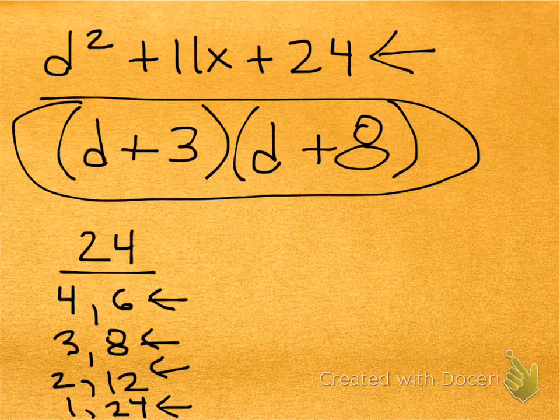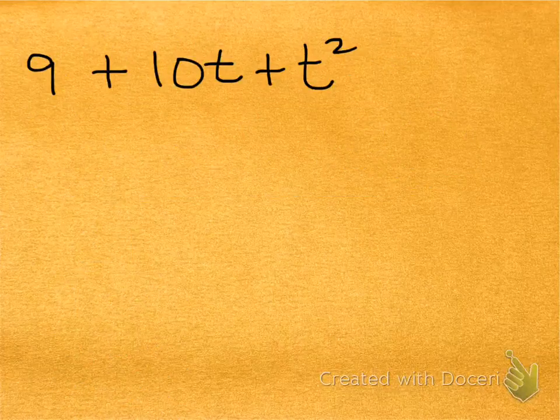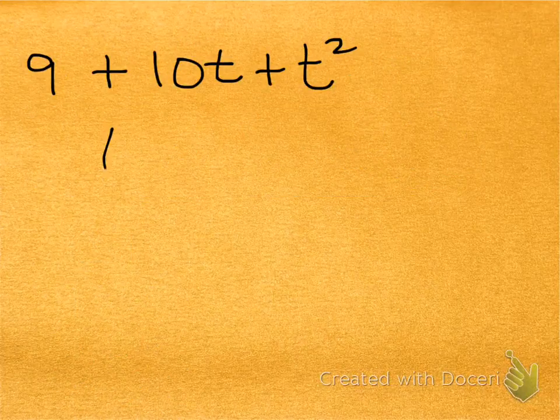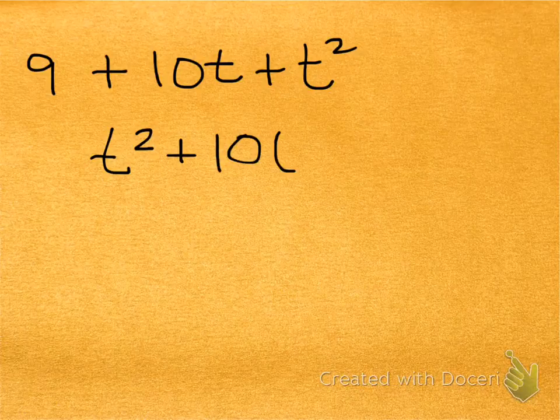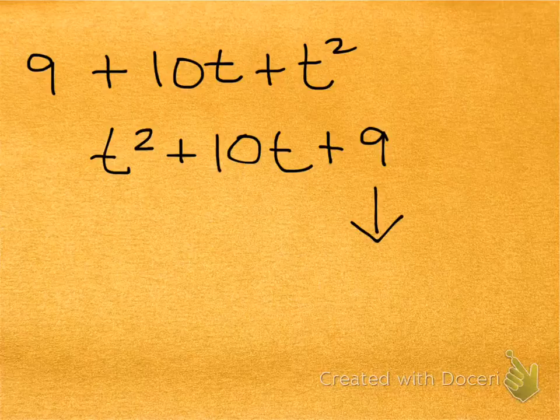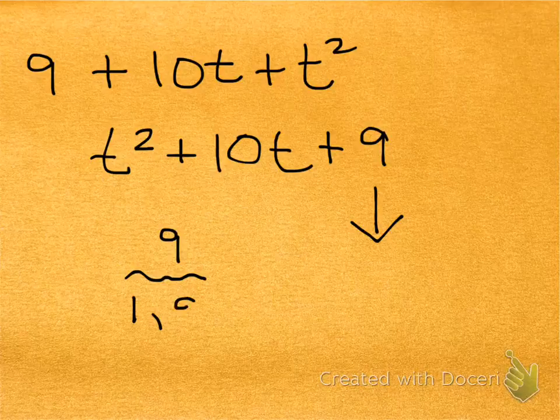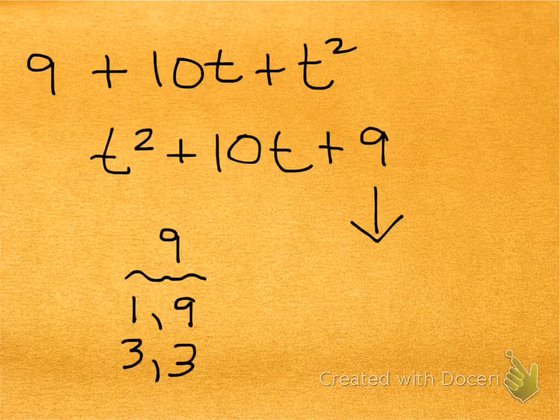So we're going to do lots of those. Here's another one. I always like to put it in standard form before I start factoring. But we're going to think of factors of 9 that add up together to get 10. Factors of 9 would be 1 and 9, and 3 and 3.